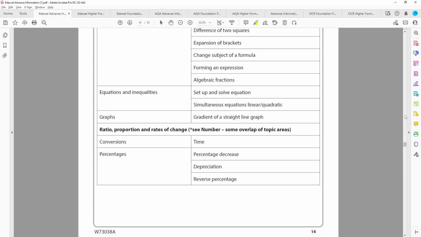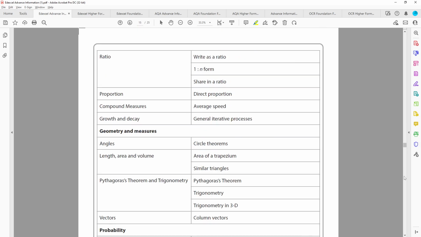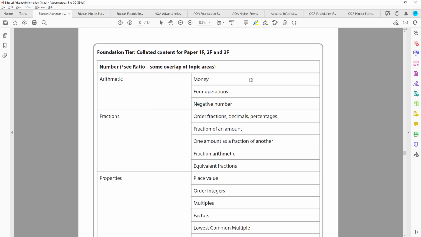What might confuse you perhaps is that after it goes through each of the papers, there's a part that says collated content for paper 1, paper 2, paper 3 foundation. Basically, if you are studying foundation, it might be helpful for you to have a list of all the stuff that will be on foundation, so when you sit and revise, you can just focus on those things.